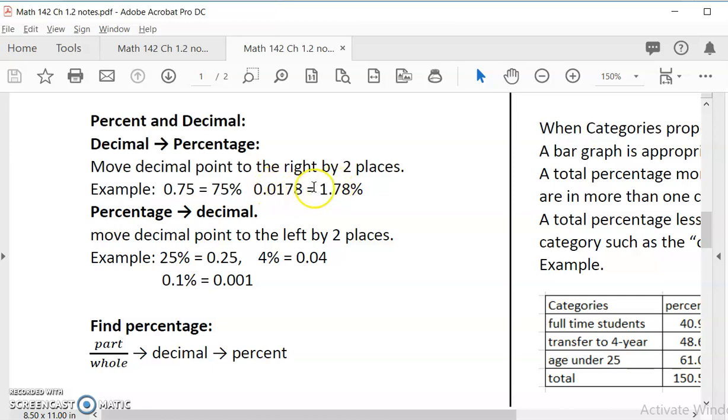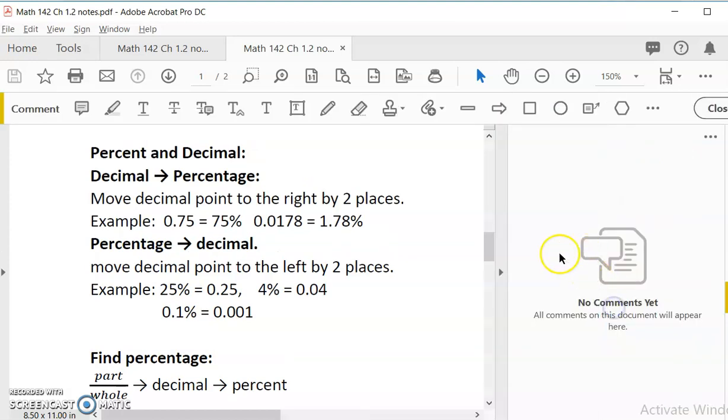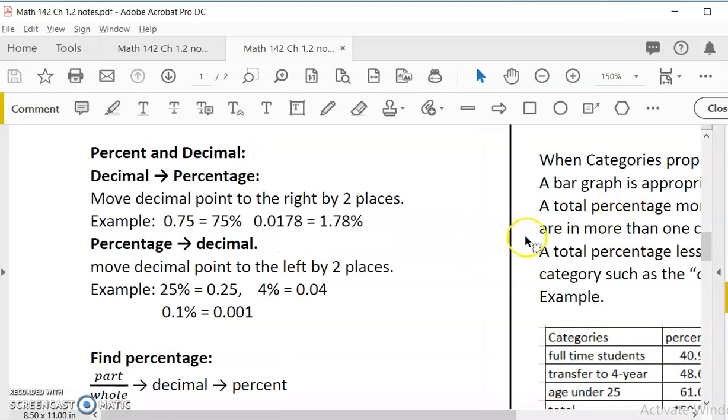0.0178 becomes 1.78%. If I want to change from a percent to a decimal, I move the decimal point back left by 2 places. So 25%, if I move it 2 places, would be 0.25, right? So I move it back 1, 2, so 0.25.